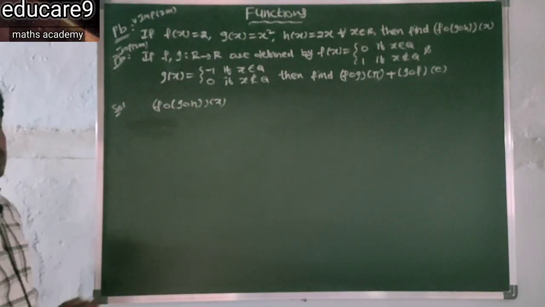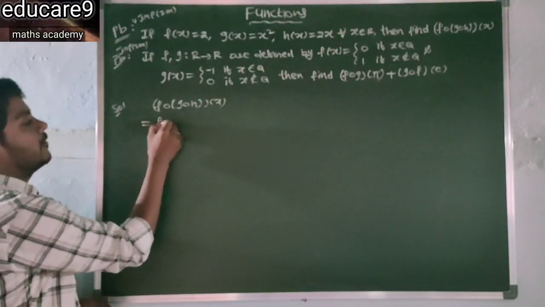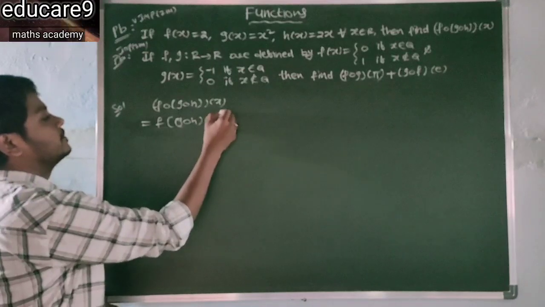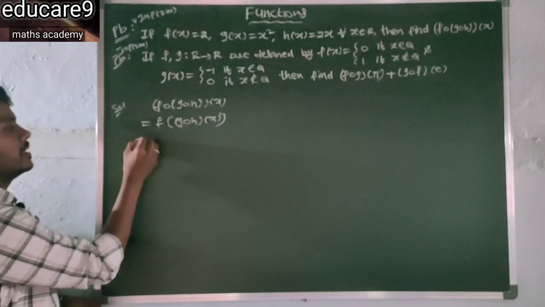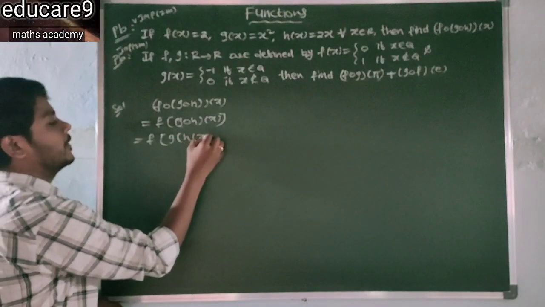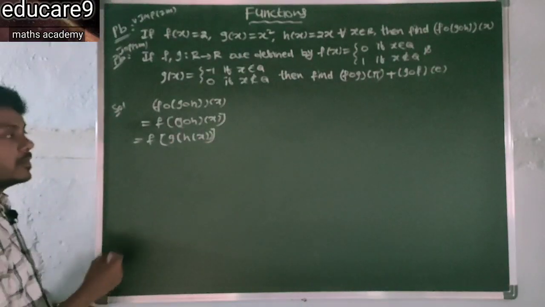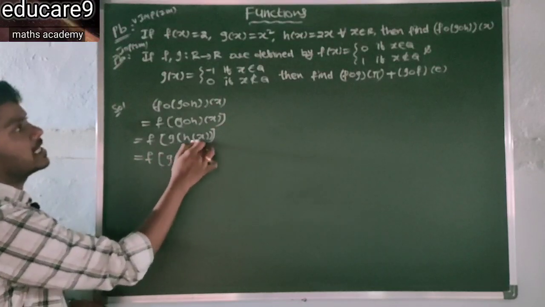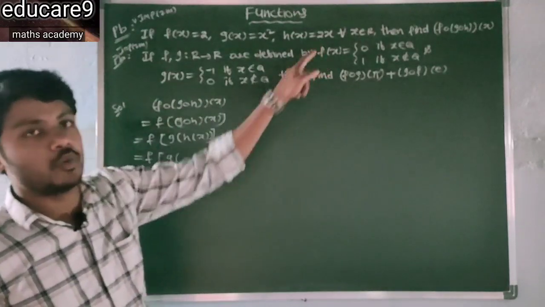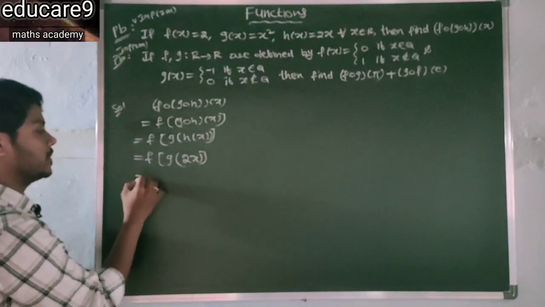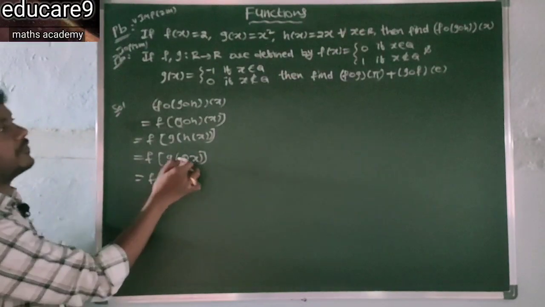This can be written as f of g circle h of x. Again this is f of g of h of x. So this is equal to f of g of, what is h of x value? That is 2x. So write 2x. Now f of g of 2x.